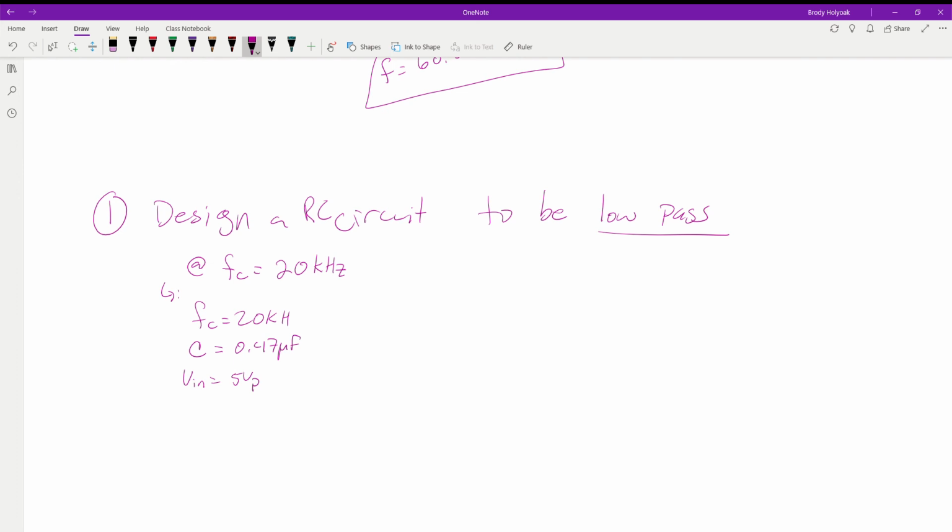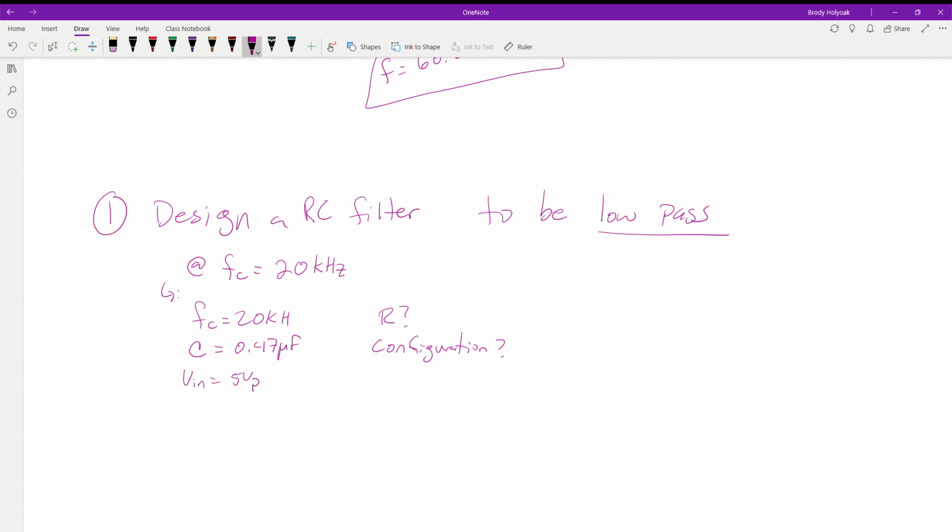So basically with this, I need to know what is my R, and I need to know the configuration, basically which parts are coming first. So work through that schematic, and like I said, we'll talk about it in the next video as well. Just to give you guys some practice and some thought about this. So design an RC filter to be low pass and have a critical frequency of 20 kilohertz.